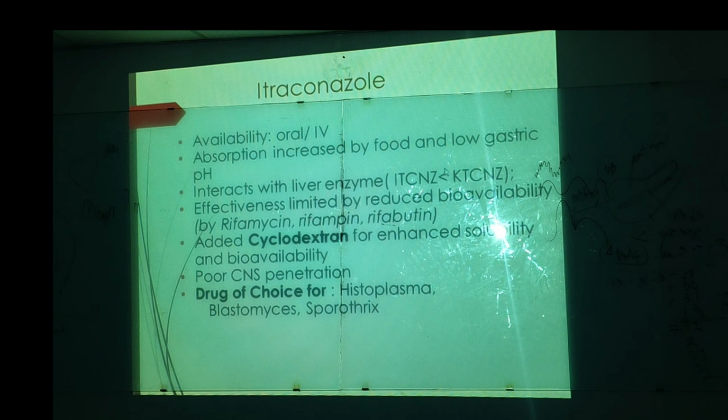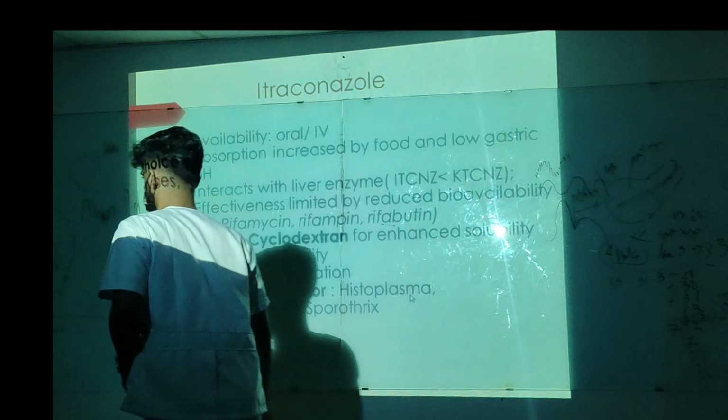The effectiveness is also limited by reduced availability caused by rifampicin, rifamycin, rifampin, rifabutin. Cyclodextrin is added to itraconazole to enhance solubility and bioavailability. It has poor CNS penetration, and it is the drug of choice for histoplasma, blastomyces, and sporotrichosis.